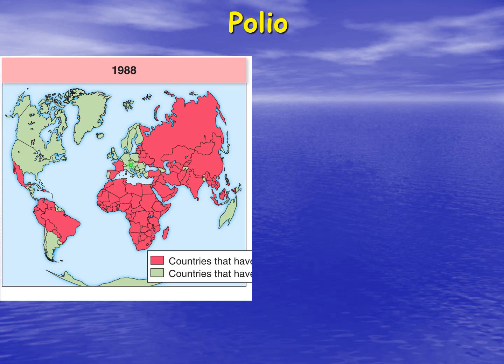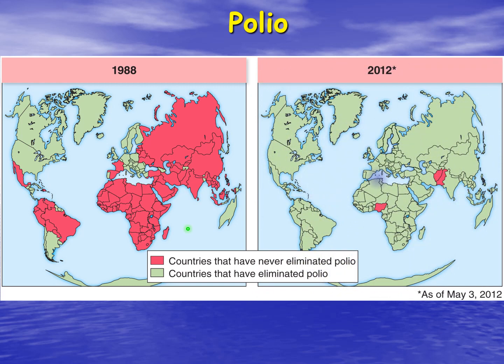But we still saw a lot of polio in northern South America, in Central America, in Africa, India, and Asia. So this was 1988. This is the year 2012, and it is an estimate, but now we only basically see polio in some very isolated areas in northwestern India and parts of Africa.